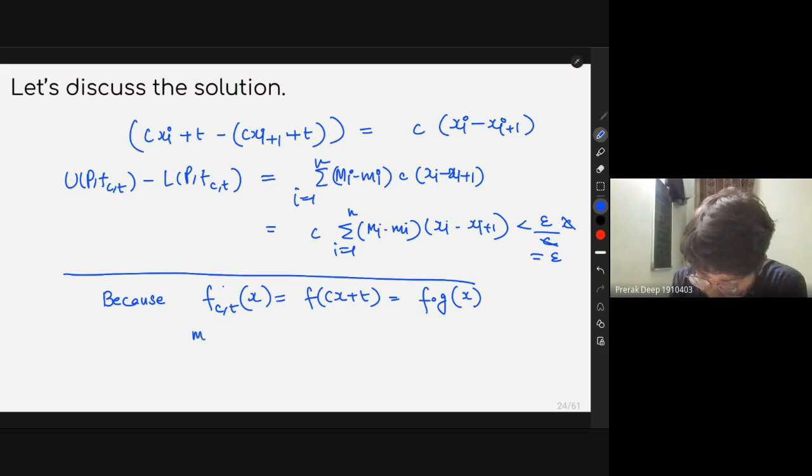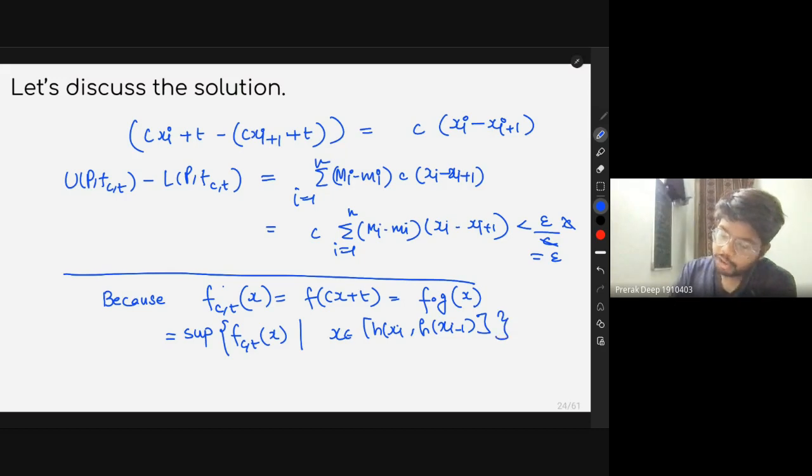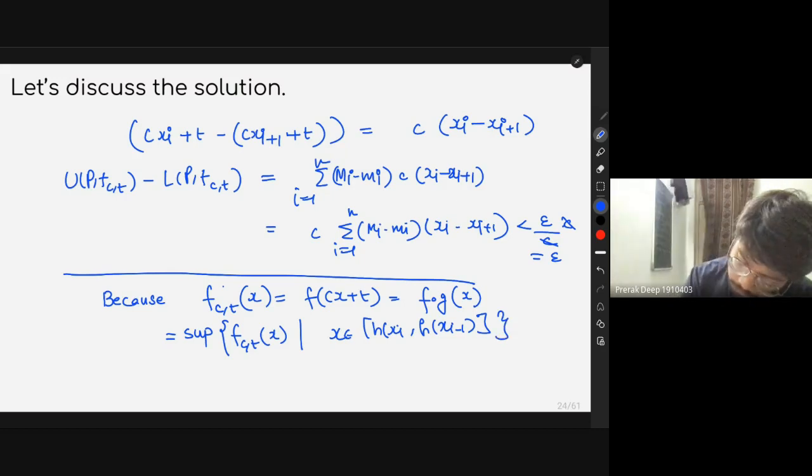So whatever the maximum, or supremum, of this for x in this interval h of xi, h of xi minus 1, let's say this will be Mi.